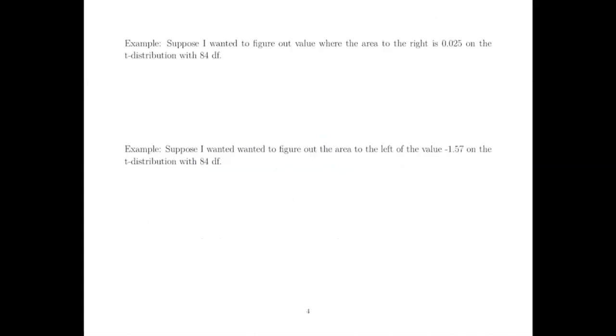So for example, suppose I want to figure out what the value is where the area to the right is 0.025 on the t distribution with 84 degrees of freedom. Let me draw a picture of the situation. There's the t distribution with 84 degrees of freedom. We want to know the value, so I'll draw on a value, where the area in the right-hand tail is 0.025.